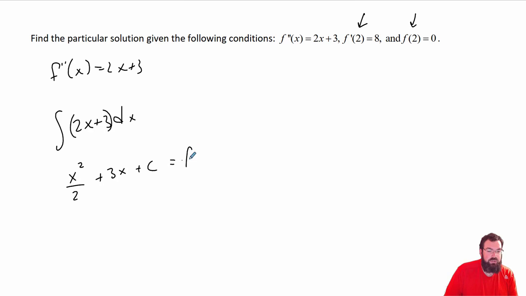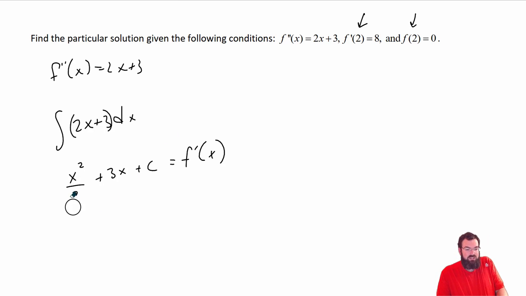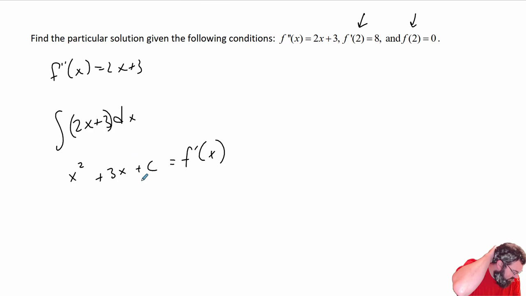So this is equal to the first derivative. Let me just make sure. Oh yeah, shoot. Let me erase this. Hold on. This is actually just x squared, because I forgot to divide by something else. So it's just x squared plus 3x plus c.